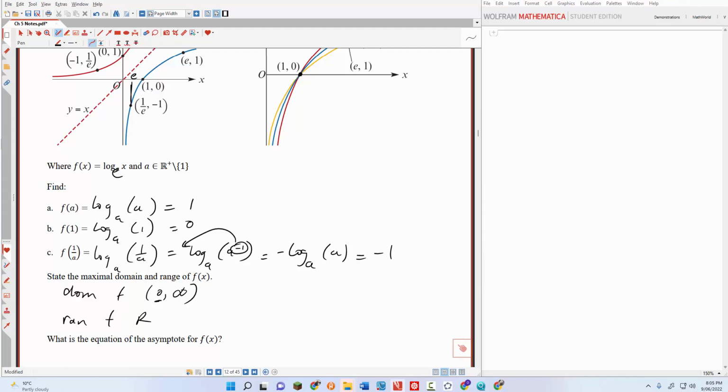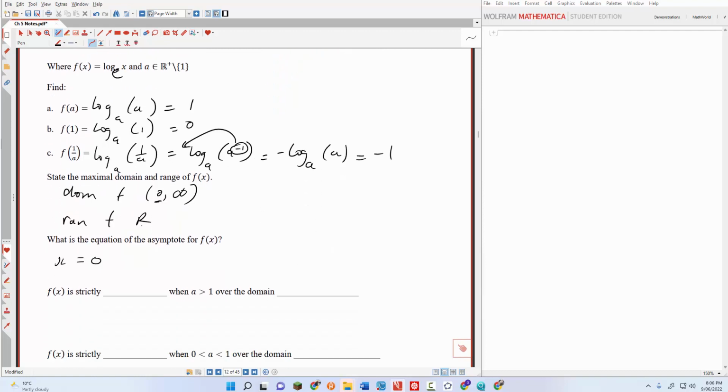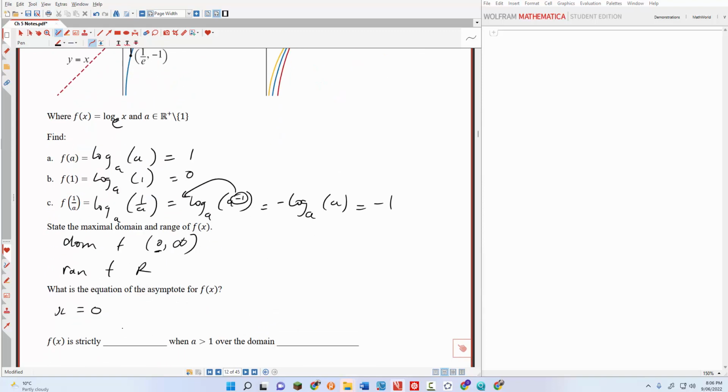What is the equation of the asymptote for f of x? Well, instead of being y equals 0 as for the exponential function, since it's the inverse, it's going to be x equals 0 for the log function. Strictly increasing over the domain.